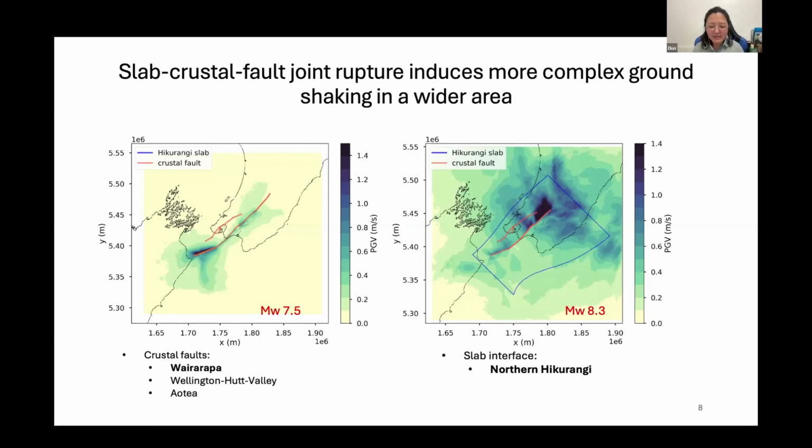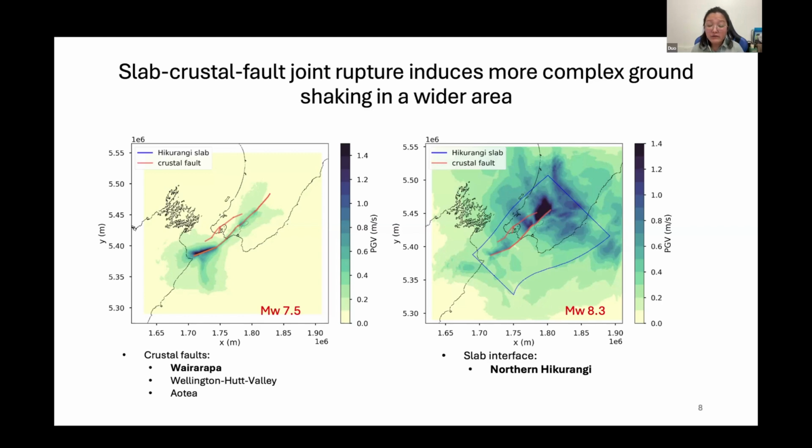Next, this slide shows a comparison between a pure strike-slip crustal rupture compared to a slab interface and crustal fault joint rupture. In the PGV plot on the left, it is magnitude 7.5, and it only ruptured the Rapa fault with strike-slip, and the figure on the right is the one that involves a part of Hikurangi, so the slab and the crustal joint rupture.